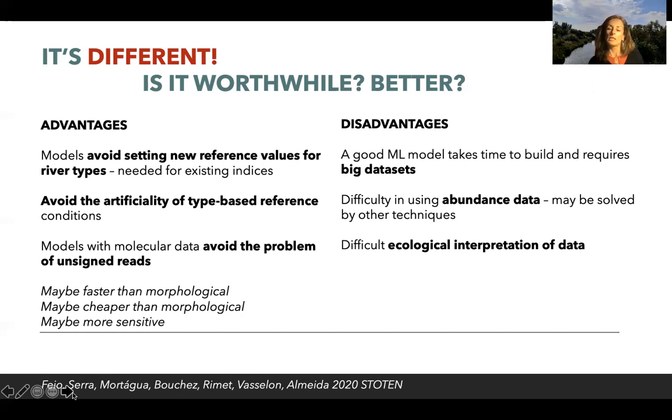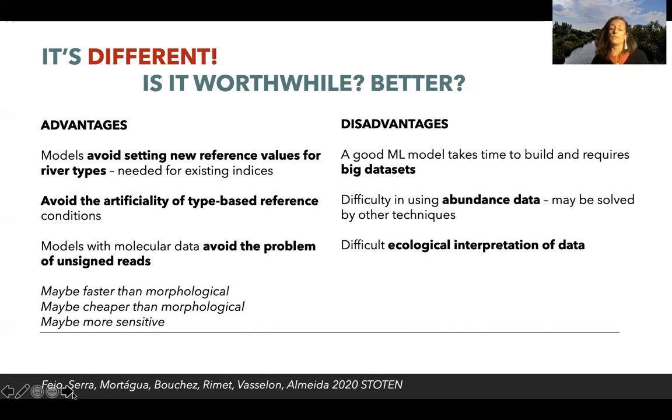So we didn't see a disadvantage in not using the abundance data. We could also try other modeling techniques, as probably there are others that may be more efficient with abundance data, to be more compliant with the Water Framework Directive.